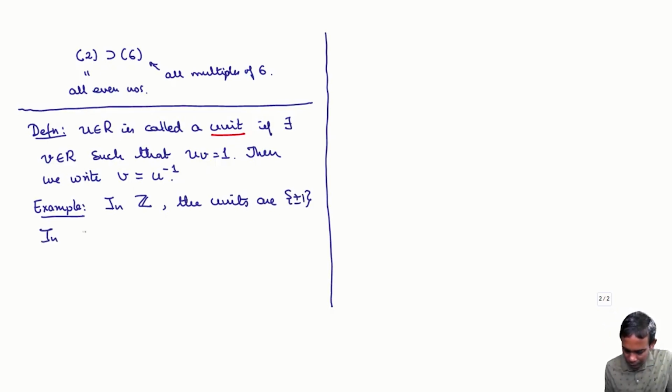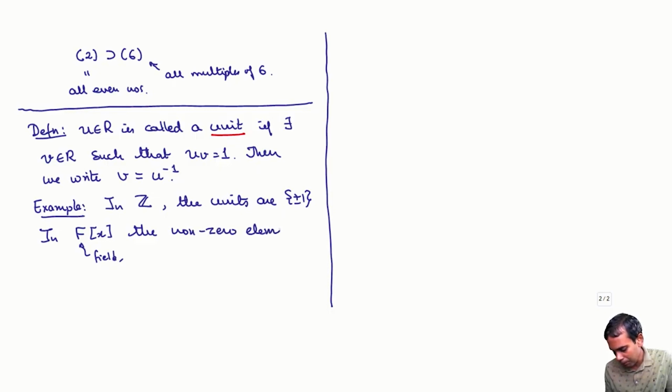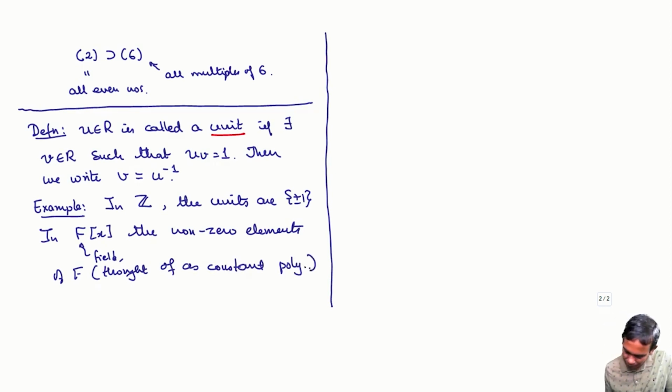And in a polynomial ring F[x], where F is any field, the non-zero elements of F, which are constant polynomials, are the units.